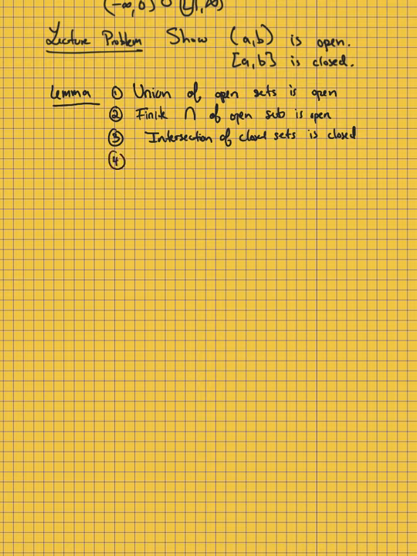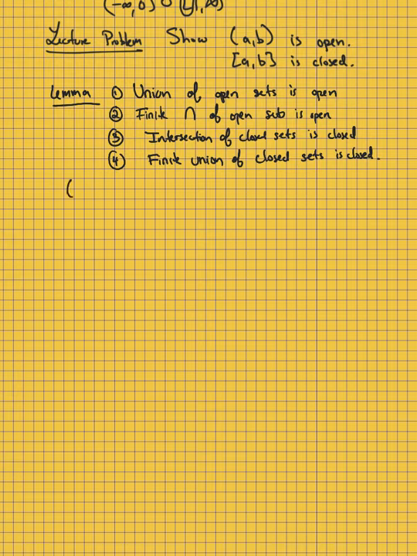And similarly, a finite union of closed sets is closed. And in both cases, if you take an infinite intersection of open sets or an infinite union of closed sets, you can get something which isn't open or closed anymore.